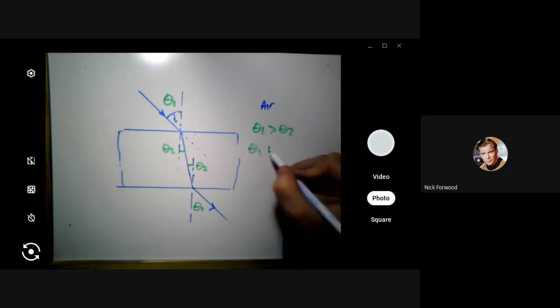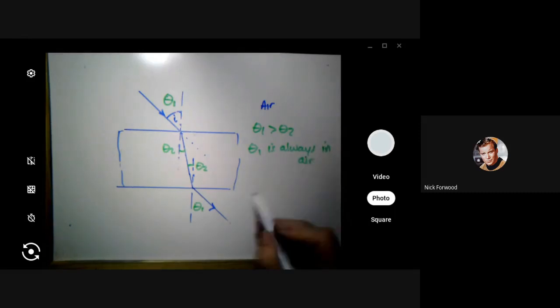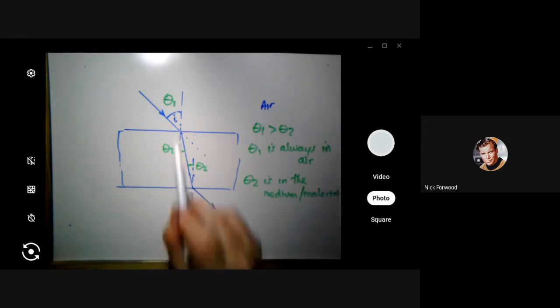Theta 1 is always in air, and theta 2 is in the medium or in the material, whatever it is, whether it's glass or water. And then we can always ensure that we're talking about the right angle.